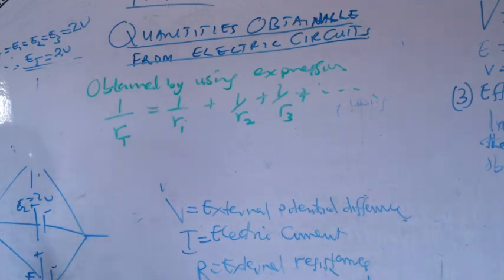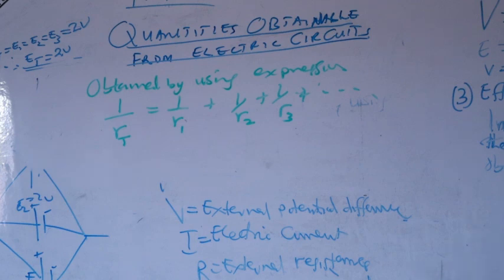I told you there are two possible arrangements for cells, so we have series and parallel. That means you have two different formulas for calculating the effective internal resistance of the cells. In a circuit, if the cells are not in series, they will be in parallel.